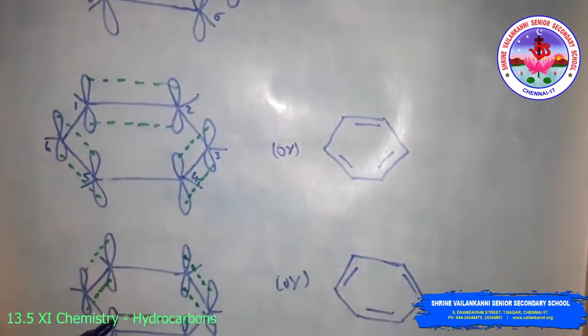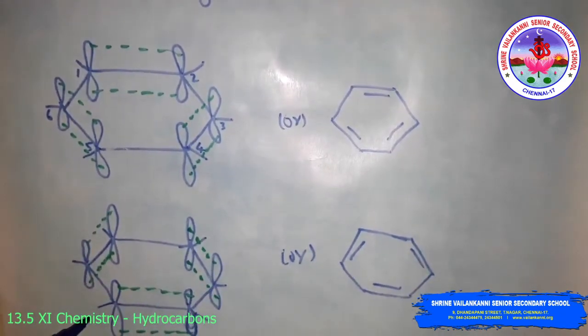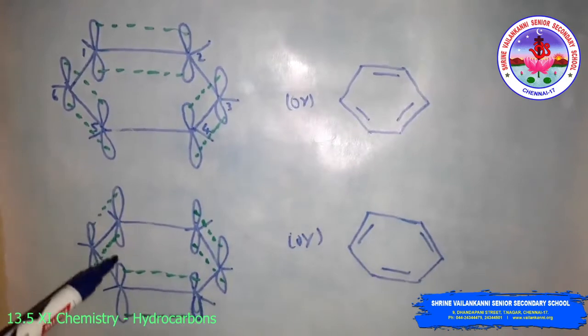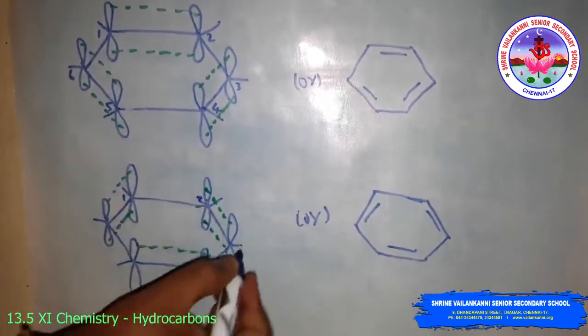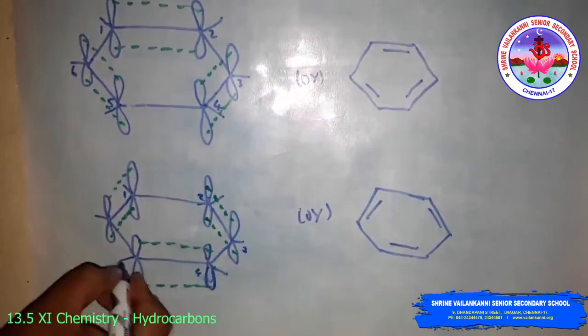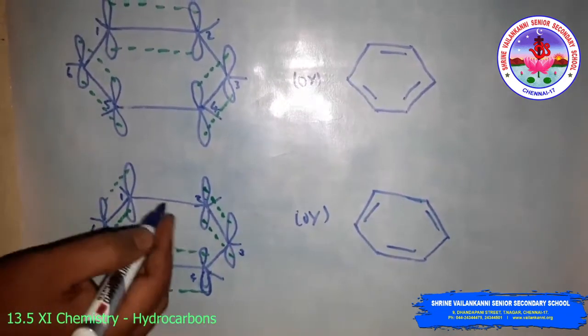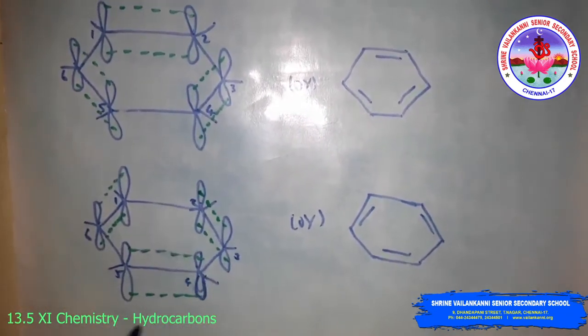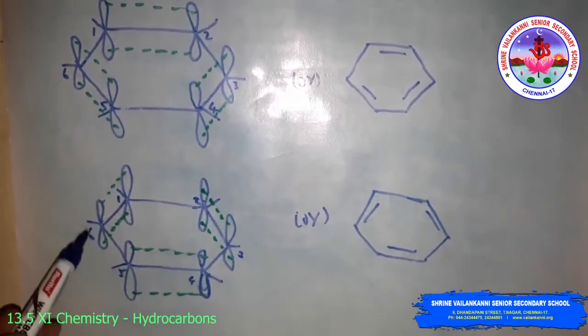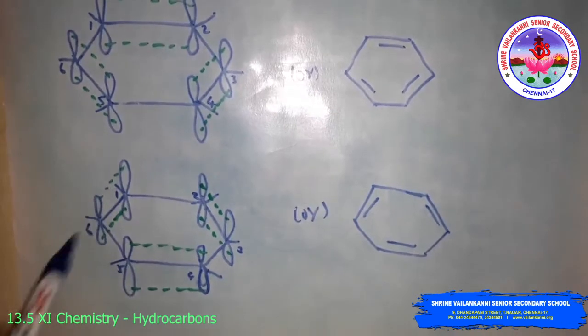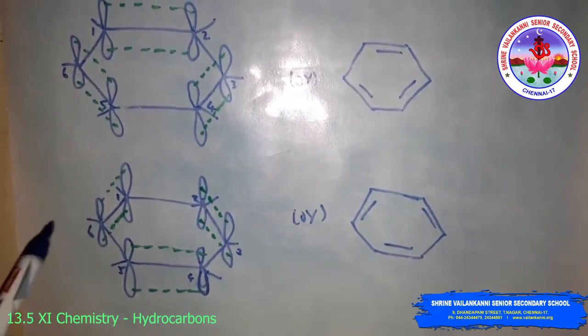The next possibility is C2, C3, then C4, C5, then C6, C1.